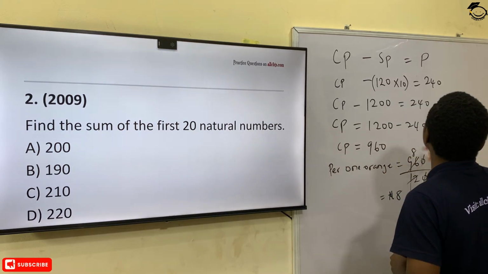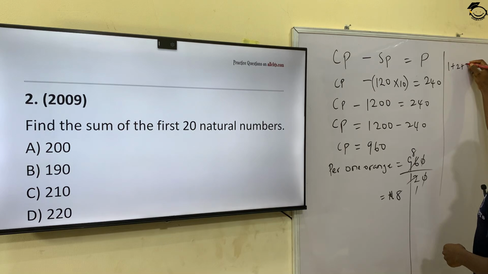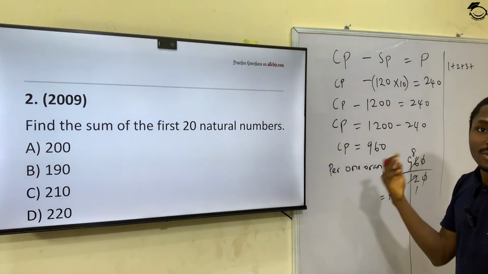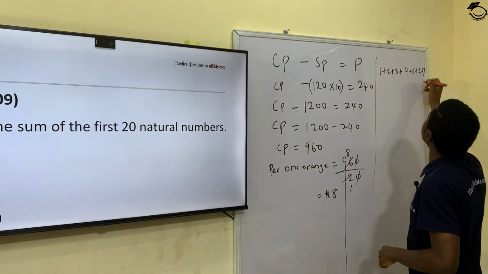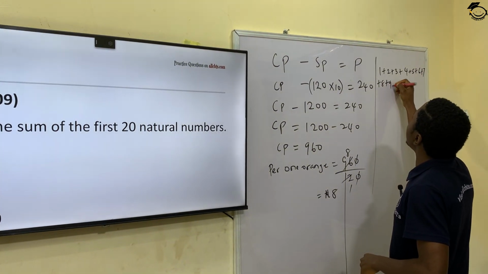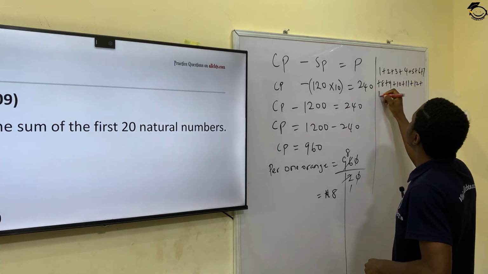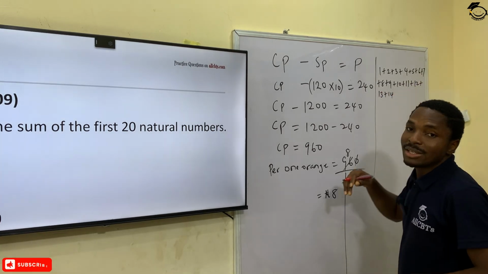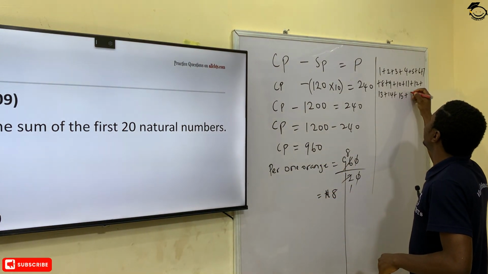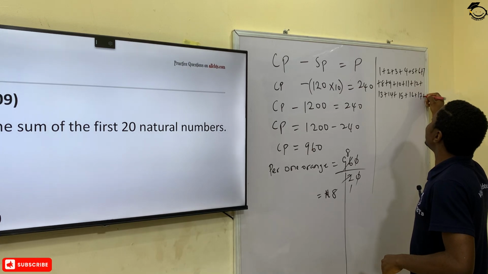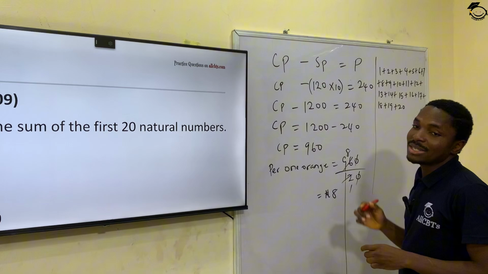So simply, all you just have to do is 1 plus 2 plus 3 plus 4 up onto 20, right? Plus 6 plus 7 plus 8 plus 9 plus 10 plus 11 plus 12 plus 13 plus 14, like that. Plus 16 plus 17 plus 18 plus 19 plus 20.